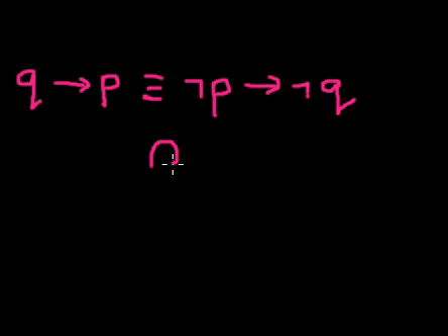Whether this is logically equivalent is to be proved. We need to prove this using a truth table, and I leave this as an exercise for you. The solution for this question will be posted in the next video, in which I will prove the logical equivalence of this statement. But before that, I would like you to try this on your own and see if you get the result.